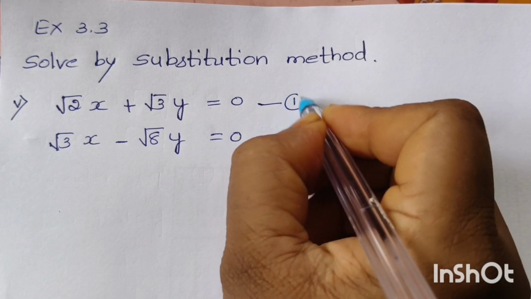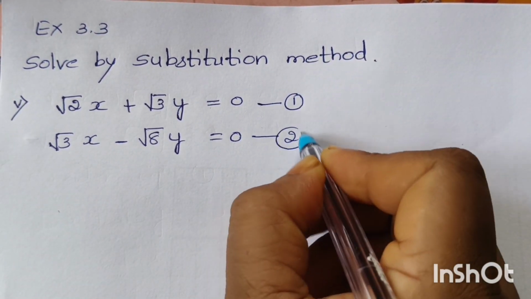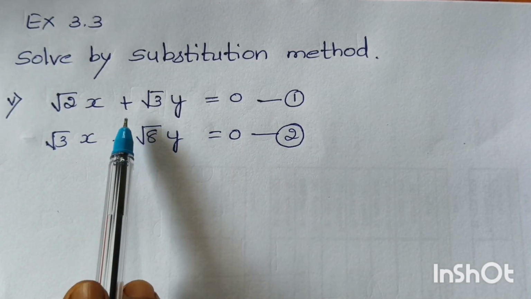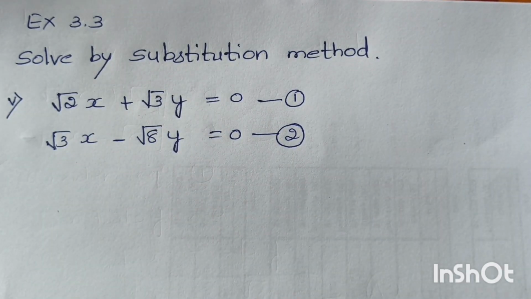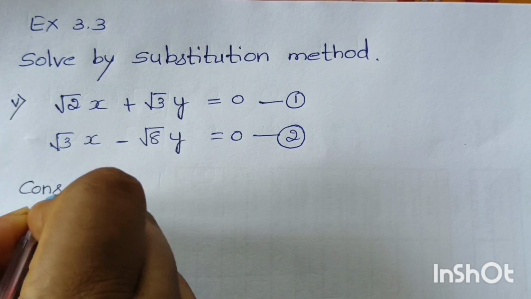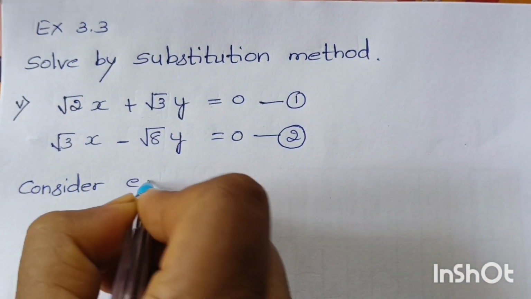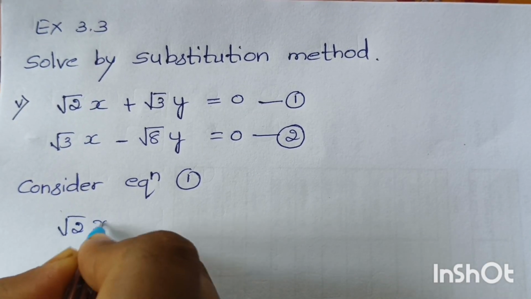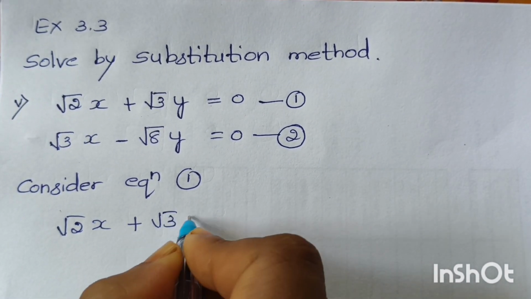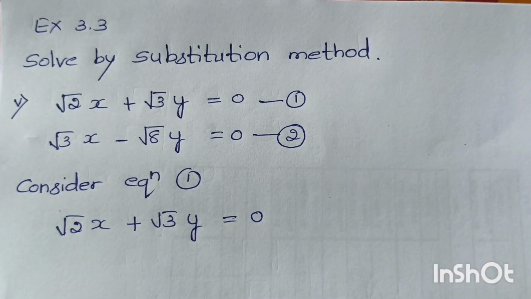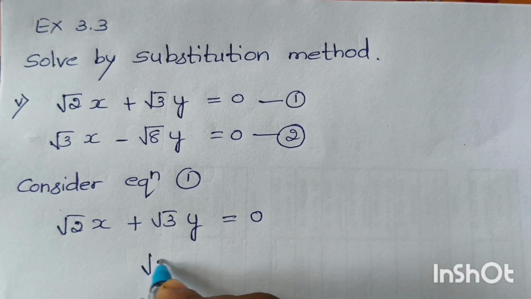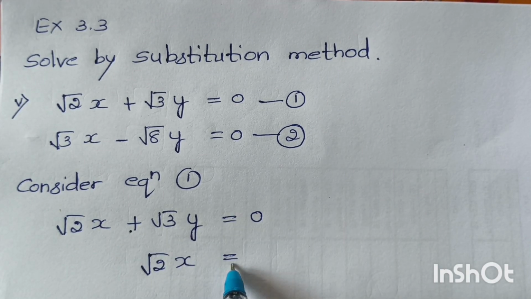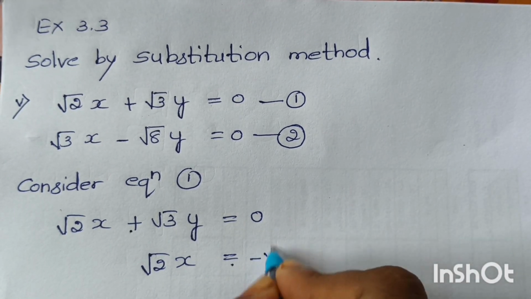Consider this as equation 1 and consider this as equation 2. To solve this by substitution method, first let us consider equation 1, that is root 2x plus root 3y is equal to 0. Root 2x is equal to this, when it will cross this equal to sign, it will become minus root 3y.